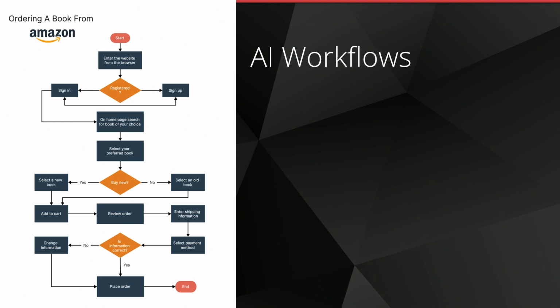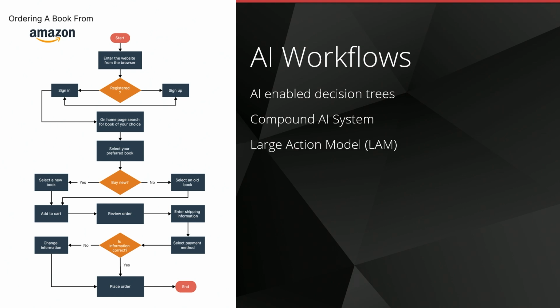This is a simple way to explain most software, and especially AI-enabled workflow systems, work somehow like this. So it's an AI-enabled decision tree. Every time there's a branch, well, not every time, but a lot of the time when there's a branch, you'll have AI figuring out, is this scenario or that scenario? It's also known as a compound AI system or a large action model.